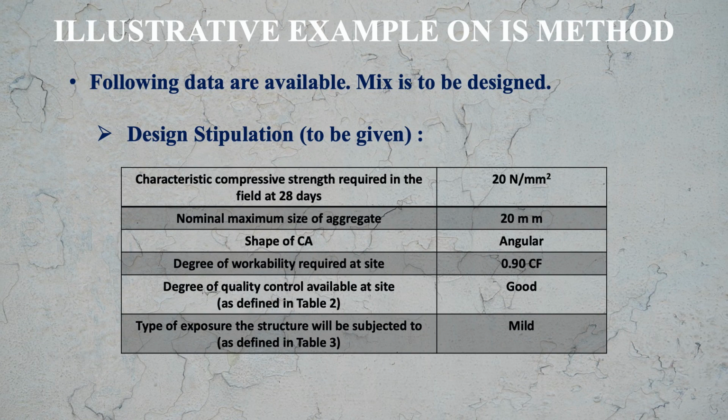Referring to that table, for this mix the degree of quality control available is good, and the type of exposure to which the structure will be subjected, according to table 3, is mild, meaning the structure is to be exposed to the mild environment.